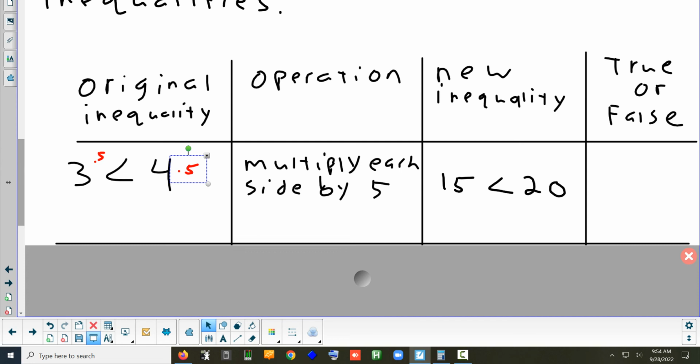Is 15 less than 20? Yeah, 15 is still less than 20. So it looks like that was okay. We started with something that worked, and we still ended up with something that was true. So it was okay to multiply both sides by 5.